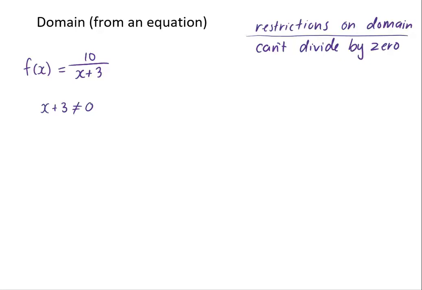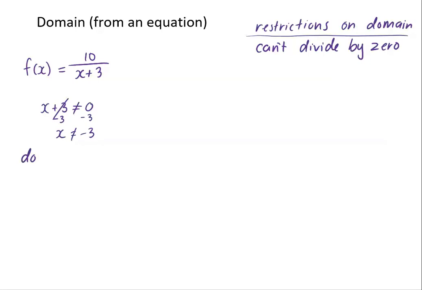So if x plus 3 cannot equal 0, let's find out what x value it's not allowed to be equal to. We can treat this cannot-be-equal-to symbol just the same as we would an equal symbol for solving equations. So we would subtract 3 from both sides, and x cannot be equal to minus 3. If we check, if we were to try to substitute in minus 3, we'd have minus 3 plus 3, and that would equal 0.